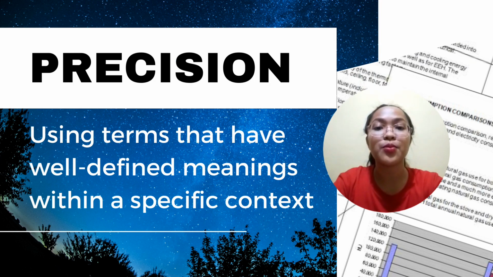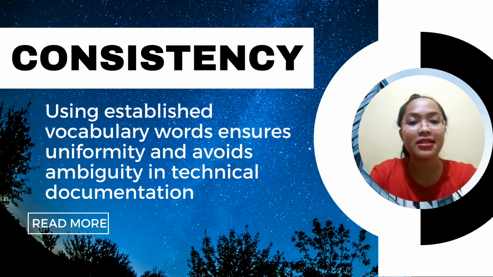Next is precision: it is to contribute to the precision and accuracy of technical documents by using terms that have well-defined meanings within a specific context. And lastly, consistency: using established vocabulary words ensures uniformity and avoids ambiguity in technical documentation.